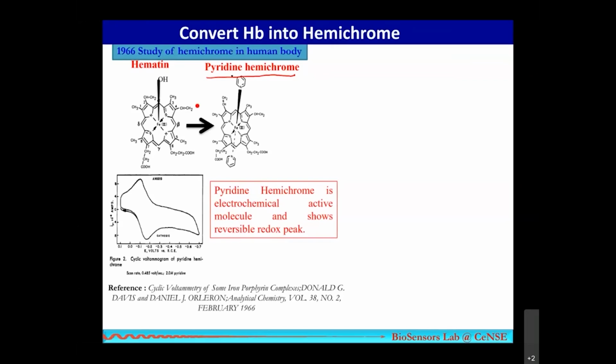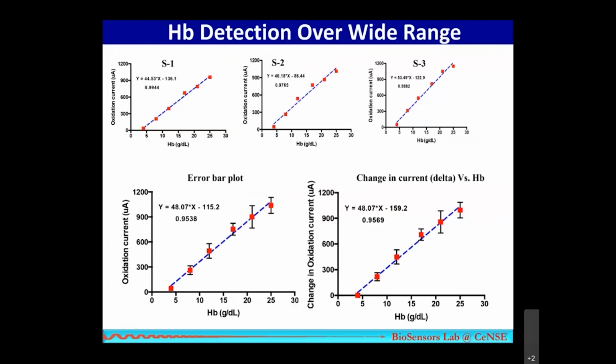And then, if you do the detection of hemoglobin, you can actually span the entire clinically relevant range of hemoglobin. Remember that the clinically relevant range of hemoglobin for men is from 12 to 14 gram per deciliter. For women, it may be perhaps from 8 to 12 gram per deciliter, right? So this test can span from even less than 5 all the way up to 25, right? So very large linearity over a very, very large range, right?